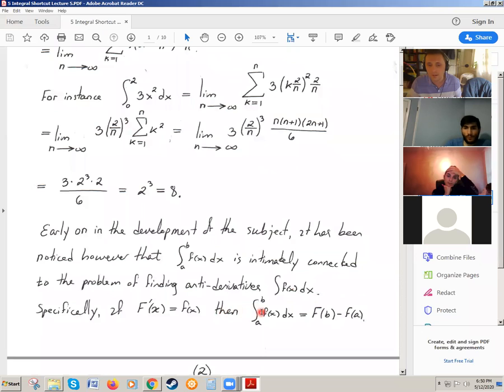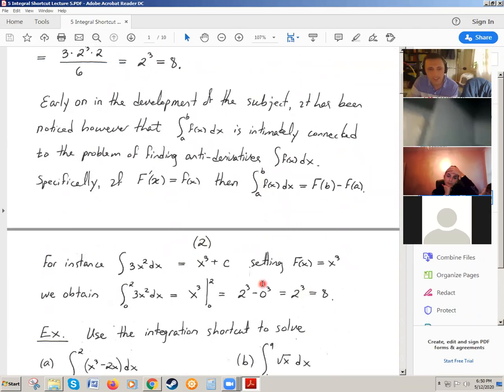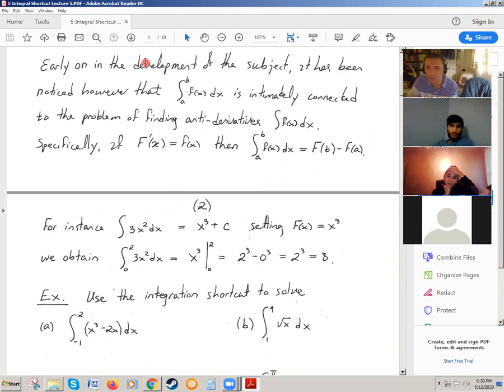Then what ends up happening is that it's the antiderivative evaluated at this point minus the antiderivative evaluated at this point. Early on in the study of calculus, they noticed that this is happening. So for example, here is the same problem that we solved using Riemann sums, 3x squared. You have this integral from 0 to 2, and then you have this notation, which just talks about antiderivatives.